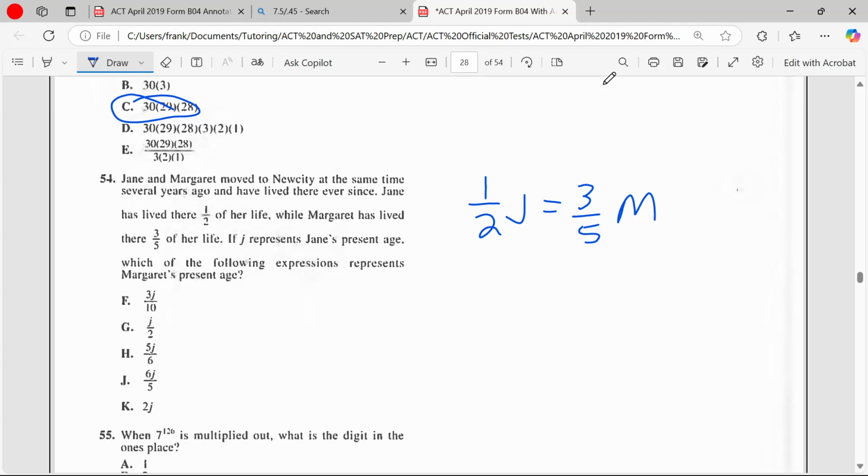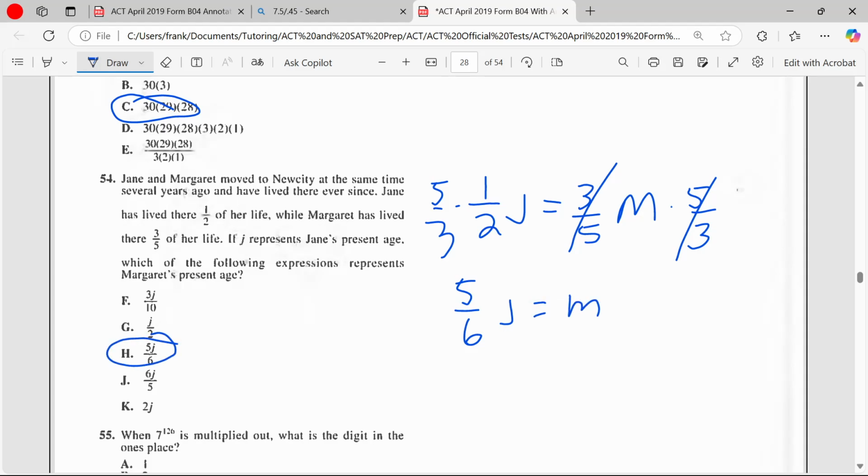I will solve this in terms of m. Get Margaret's m by itself. I will multiply both sides by 5/3. The 3/5 cancel out. That's 5/6 j equals Margaret, 5/6 j. That's answer H.